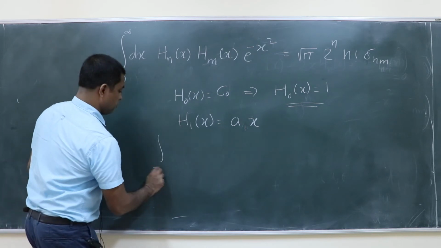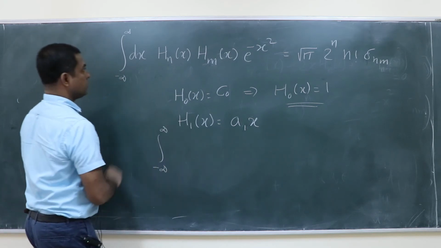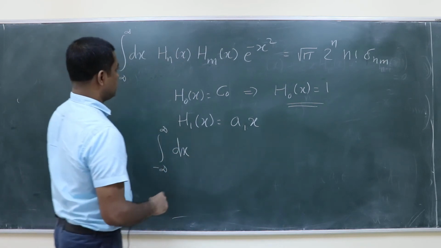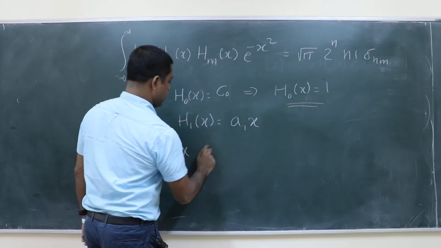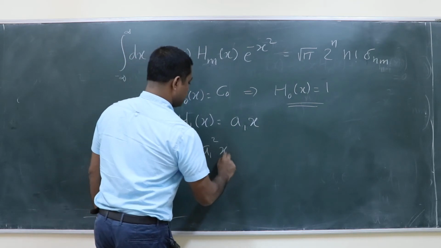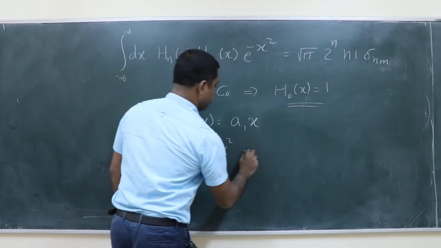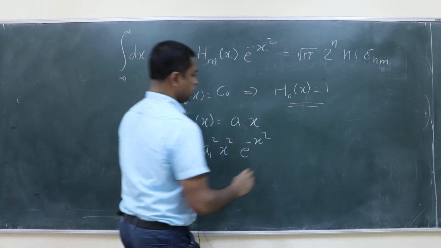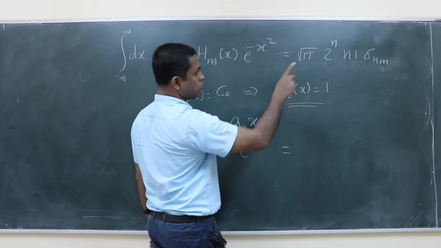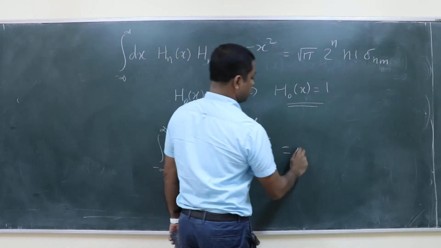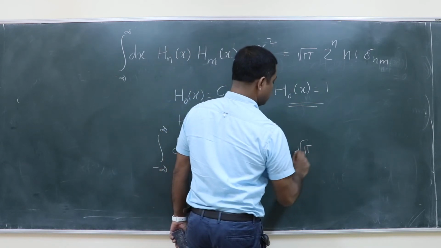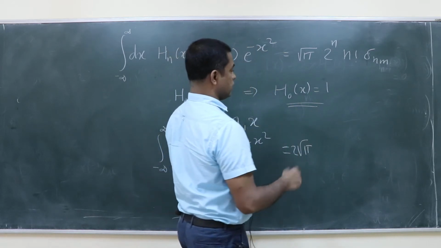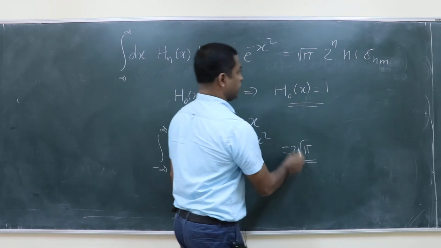So you get the integral from minus infinity to infinity dx a1 square x square e to the power minus x square, which is equal to, for n equal to 1, 2 root pi.